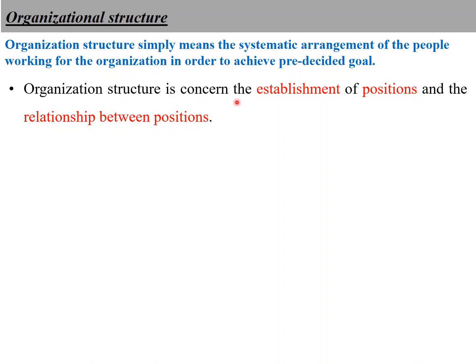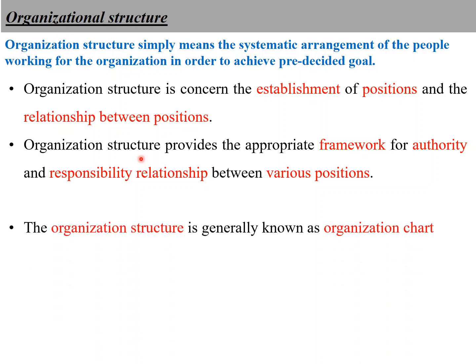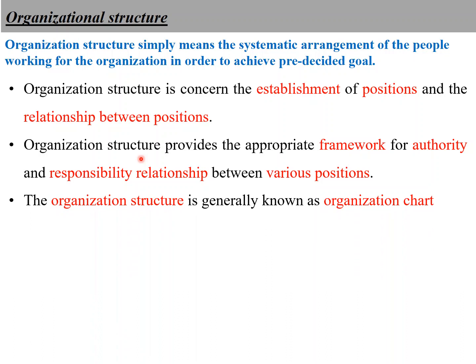The organization structure is concerned with the establishment of positions and relationships between positions. It provides the appropriate framework for authority and responsibility relationships between various positions. The organization structure is generally known as an organization chart.